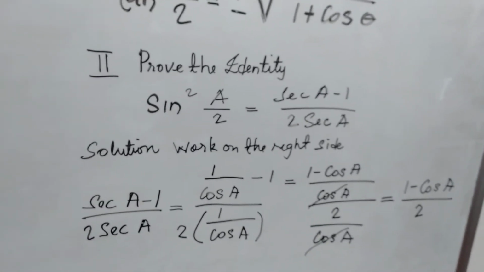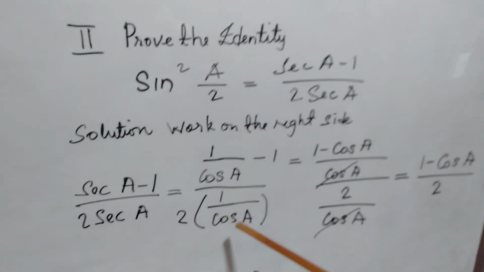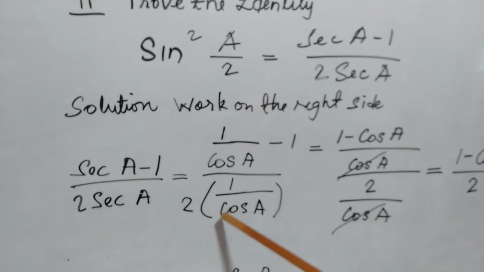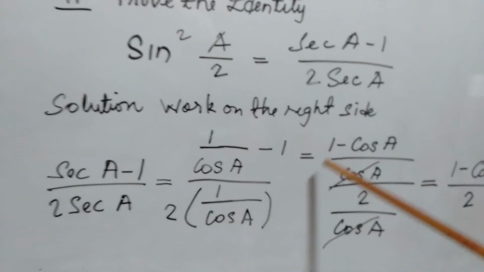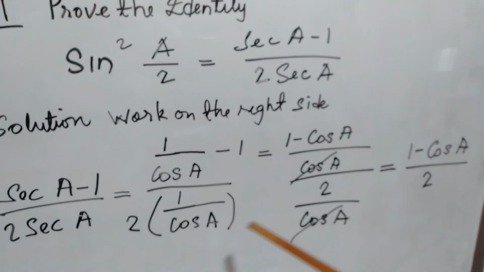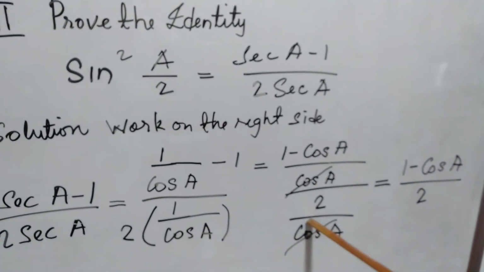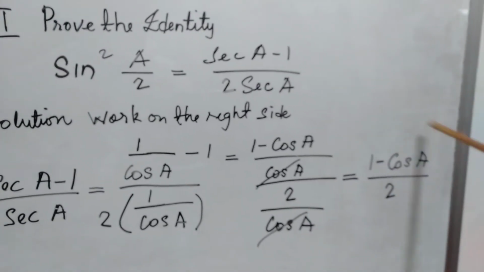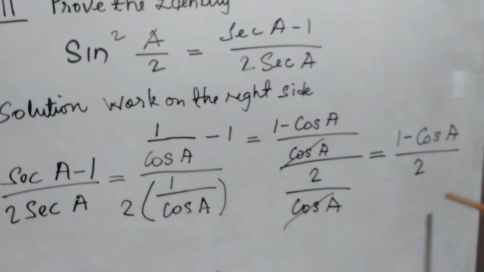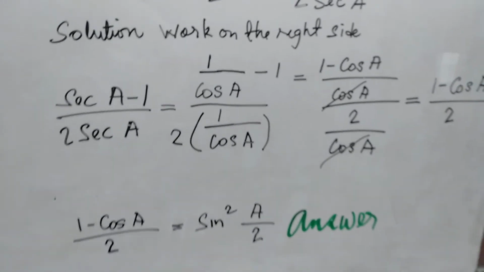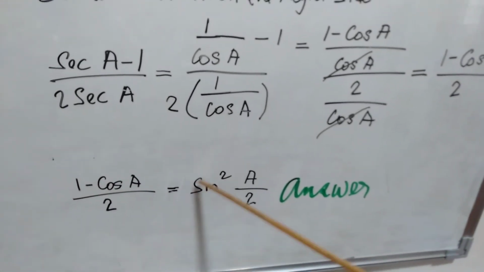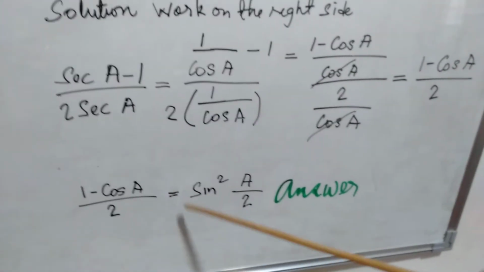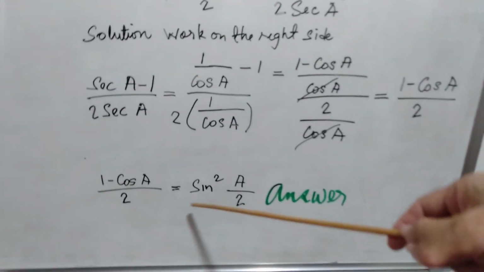As you can see, we can cancel out this cosine a and cosine a here. What will remain is 1 minus cosine a over 2. So this will be our answer. Now, this 1 minus cosine a over 2 is equal to sine squared a over 2, as we have derived for our half-angle formula.